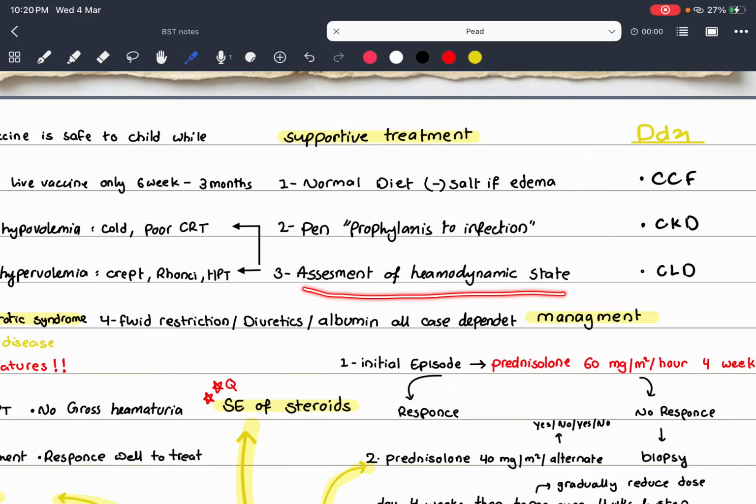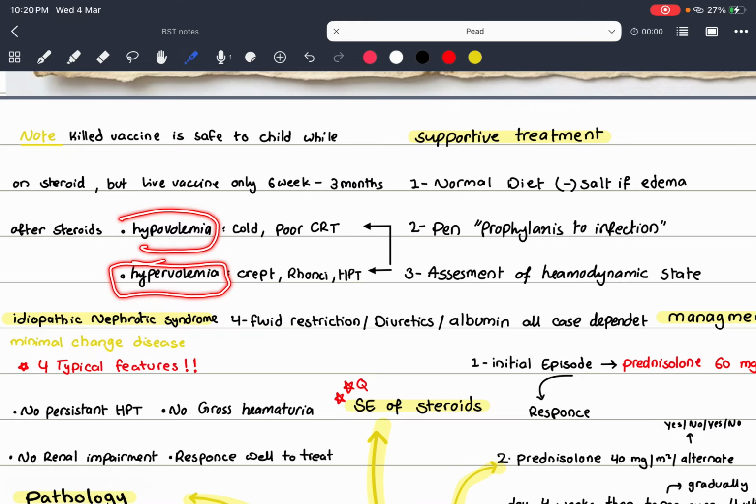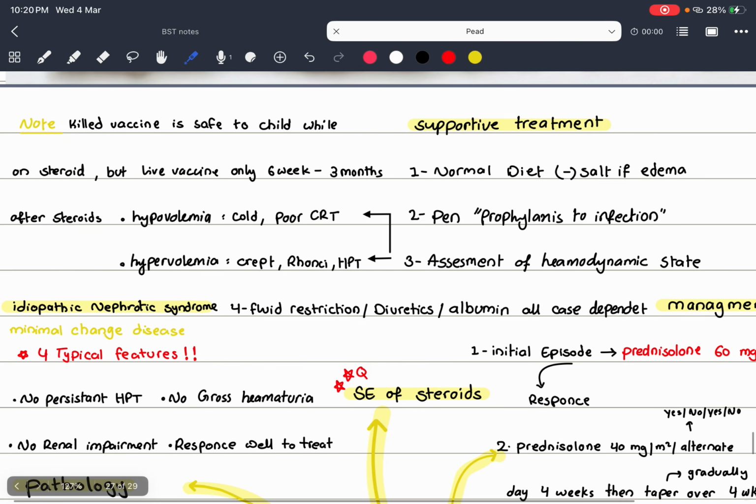Assess the hemodynamic state because the patient may be hypovolemic or hypervolemic. If it's hypovolemia, you look for prolonged capillary refill time and cold peripheries. If he's hypervolemic, he's retaining more fluid: crepitations, bronchi, hypertension. Fluid restriction, diuretics, albumin, only if needed. You don't give them always; it depends on the case.